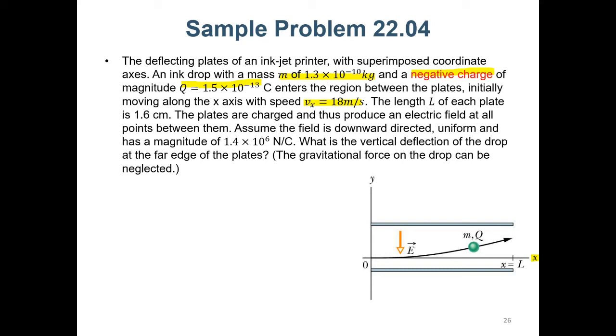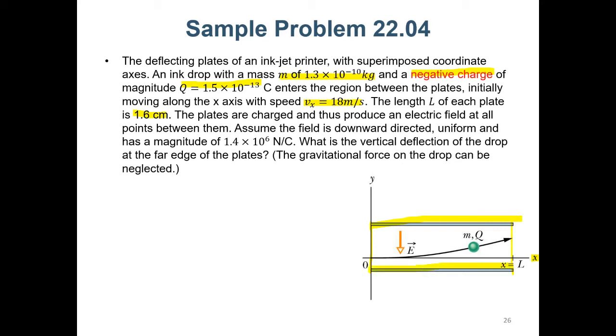The length of the plate is 1.6 centimeters. The plate has a charge, and thus produces an electric field at all points between them. We assume the field points downward in this area.